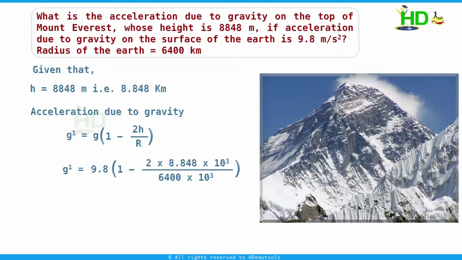Converting kilometer into meter, 1 kilometer is 10 power 3 meters. Now g prime equals 9.8 into (1 minus 0.0028), which is equal to 9.8 into 0.9972. We get g prime equal to 9.77 meter per second square. This is the value of acceleration due to gravity on Mount Everest.